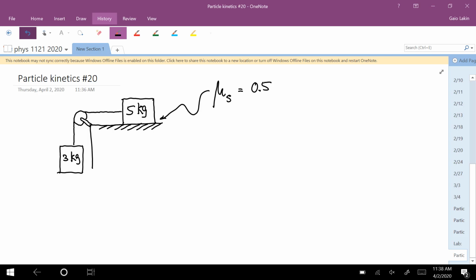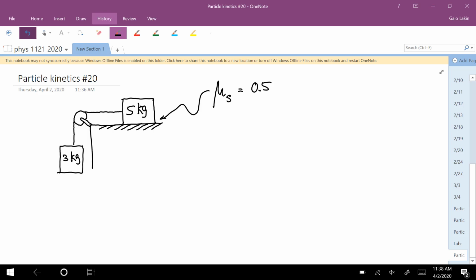Okay, so what we're going to do is figure out what the maximum static friction could be, and then calculate what the friction would have to be to keep these at rest, and compare those two.